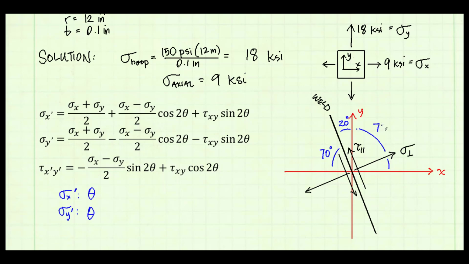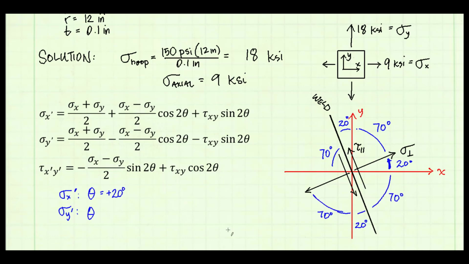Therefore, this angle is 70 degrees, and this angle here is 20 degrees. So the angle theta, as measured from the x-axis to the direction of my normal stress, is going to be positive 20 degrees. That's this angle right here.